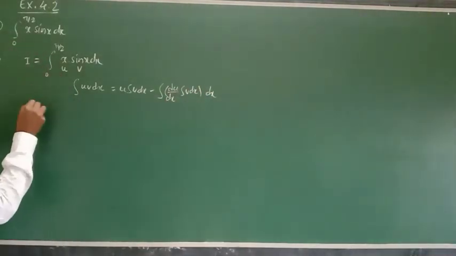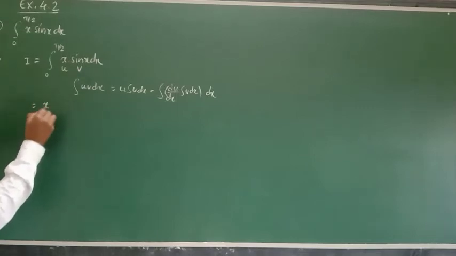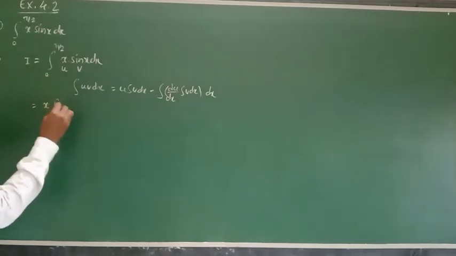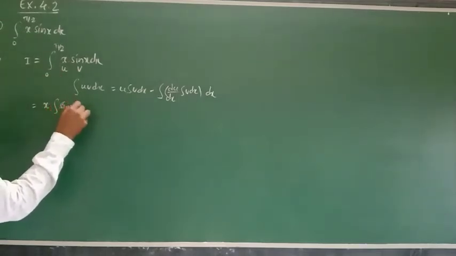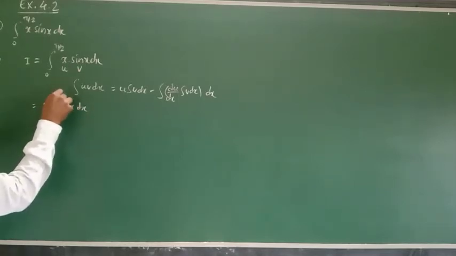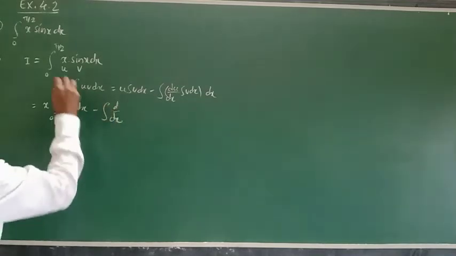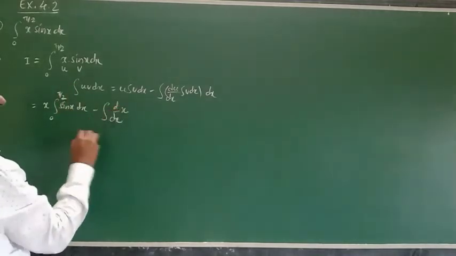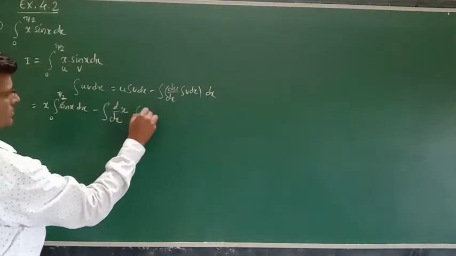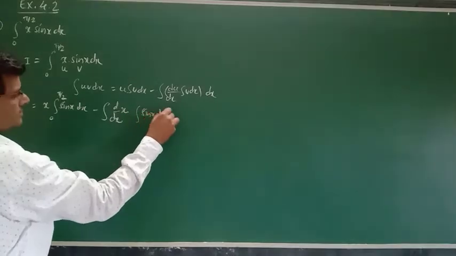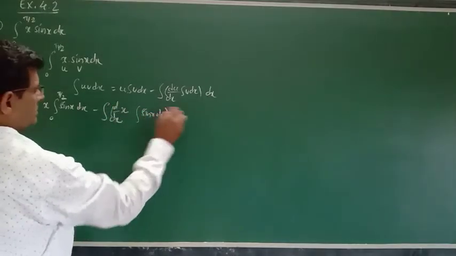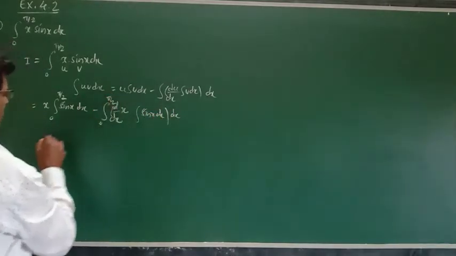Okay, इथे अप्लाय केला काय होईल, x into integration of sin x dx, limit 0 to pi by 2, minus d by dx of u means x, then integration of sin x dx and total integration dx, 0 to pi by 2.